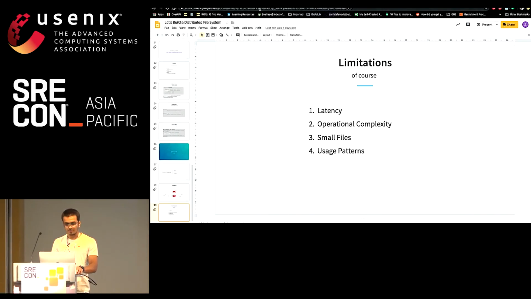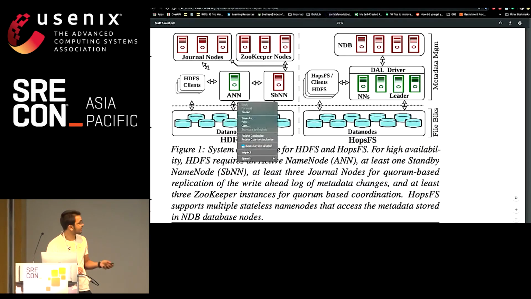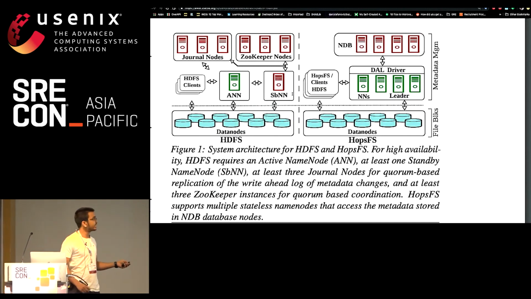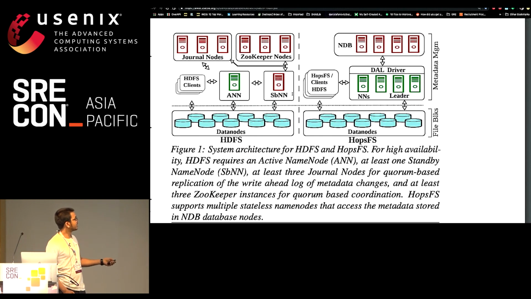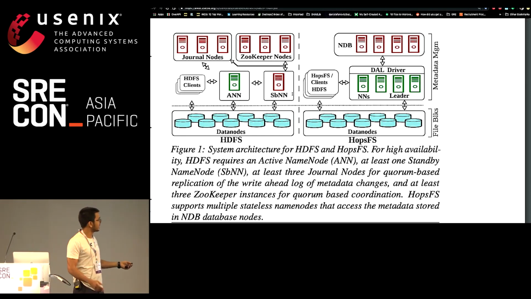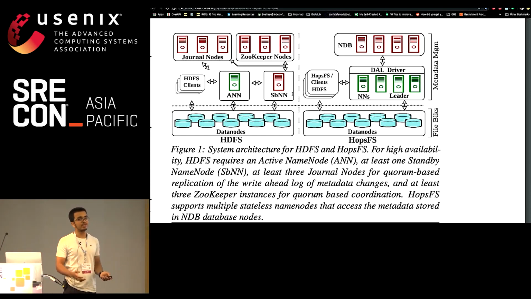If you want to look at the components, you see this diagram. On this side of the dashed line is the HDFS. So you see there are data nodes. There is a name node, an active name node, and a standby name node. To maintain the active-passive standby, you also need to operate a ZooKeeper cluster. You also need journal nodes. So tons of components that you need to manage.